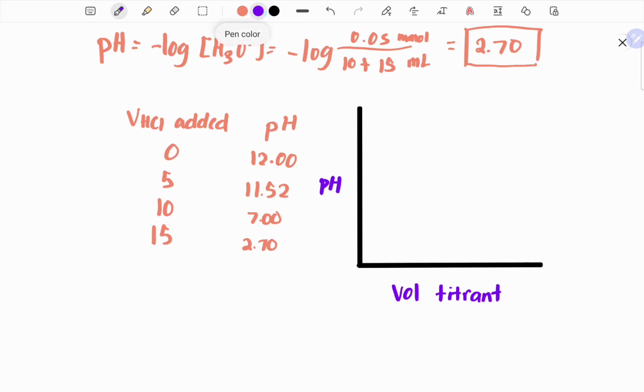So if we have volumes 1, 2, 3, 4, 5, 6, 7, 8, 9, 10, 11, 12, 13, 14, 15, and pH 1 through 12, let's try to plot this.